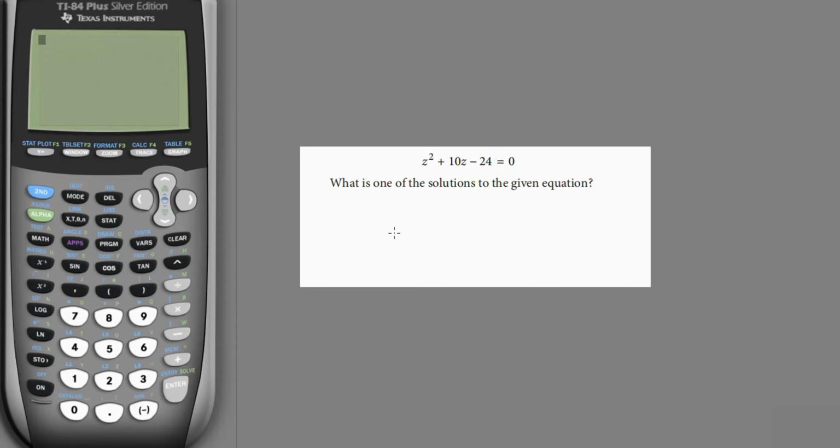Okay, so let's solve this. I'm going to replace this z square with x, which is what we are familiar with. So this is x square plus 10x minus 24 equals 0. To factorize this, you ask yourself, what are two numbers that when you multiply them you get negative 24, and when you add them you get 10?